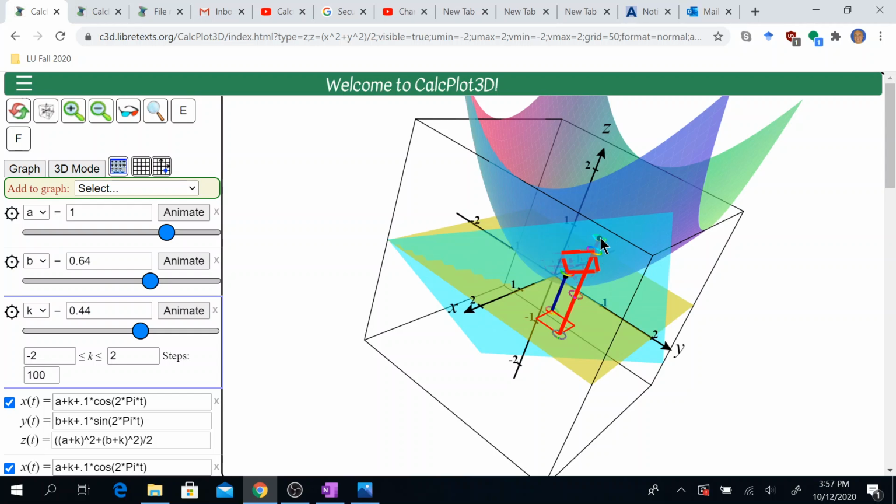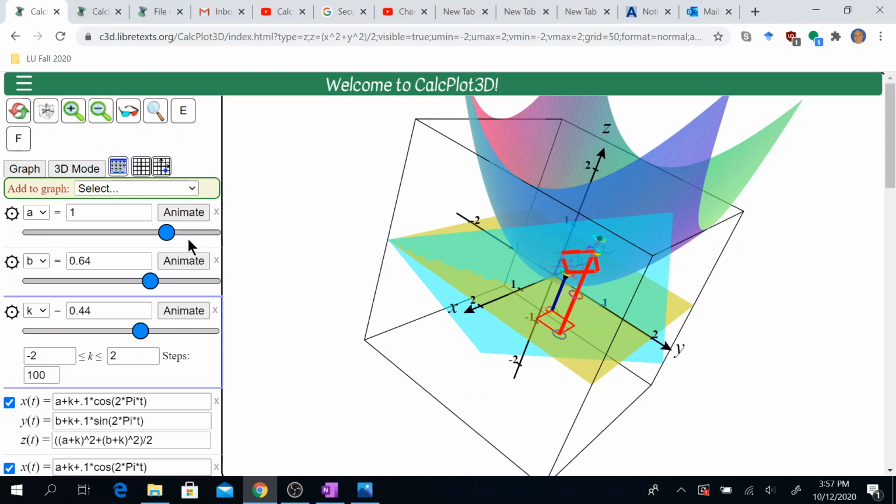Delta z goes all the way to the surface. dz, or differential of z, is where the tangent plane, this blue plane, strikes the vertical. The gap between these two locations is the error we are committing by using differentials as opposed to the exact increment.